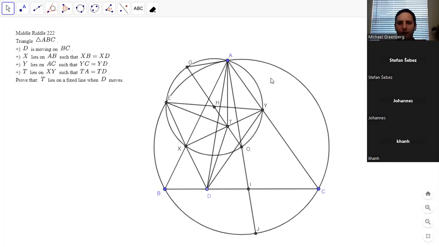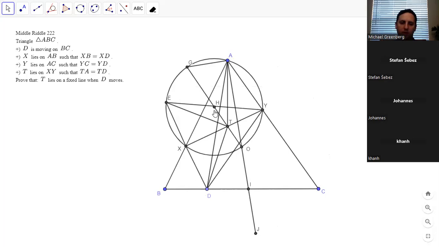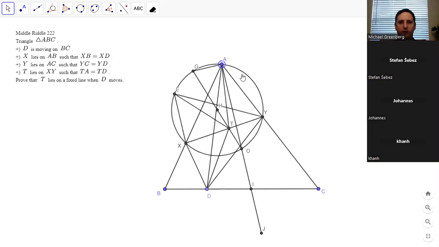Okay, so I have proven that O lies on AXY. So we'll be using the point E. We label E as the reflection of D with respect to XY. You can hide a small circle and keep circle ABC, because we kind of already proved that it lies on the circumcircle.